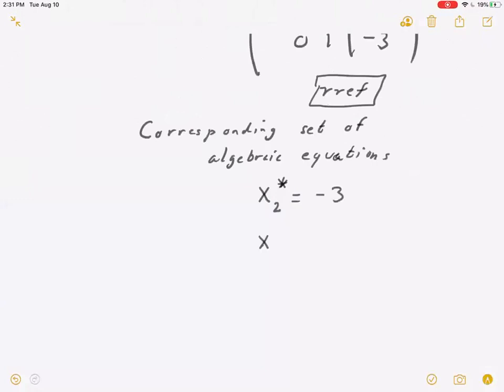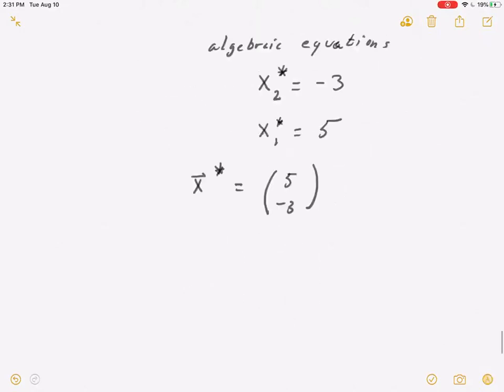And A asterisk sub 1 is going to be 5. So X asterisk is just this vector. Okay, so I am now in a position to answer the question.